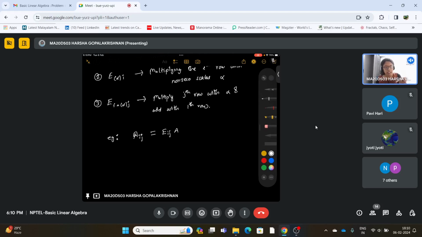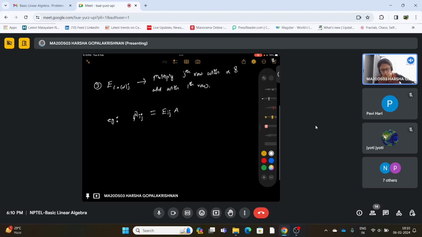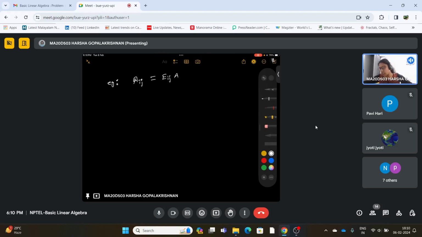So multiply A with Eij, that is, the ij rows of the identity matrix are interchanged, and then what we obtain is Aij, the matrix obtained by interchanging the ith row and jth row. So instead of doing the operation on A, we can do it on the identity and then pre-multiply with A. So that was the one thing we covered.